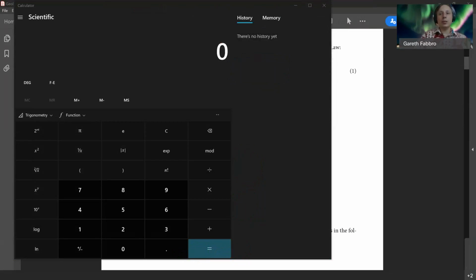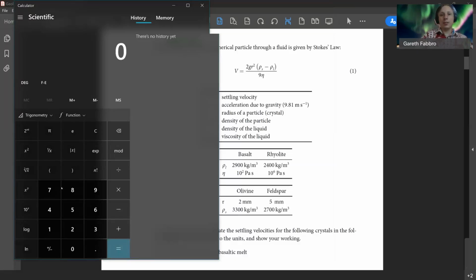So you just plug the numbers in. Make sure that when you're dividing, you divide by the correct number, and show your working. So don't just give a number, because if you just give a number and it's wrong, you will get 0 marks.